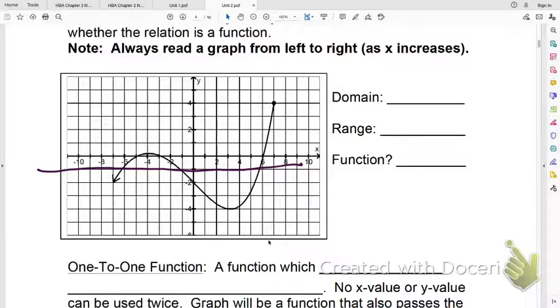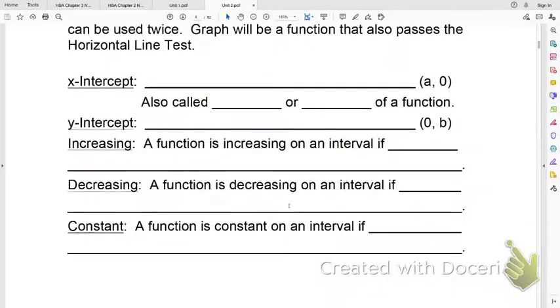All right. X-intercepts, y-intercepts, hopefully we already know how to find those. I'm not talking about those, other than the fact that x-intercepts can also be called roots or solutions. You know how to find x and y-intercepts off a graph. Decreasing and increasing and constant.